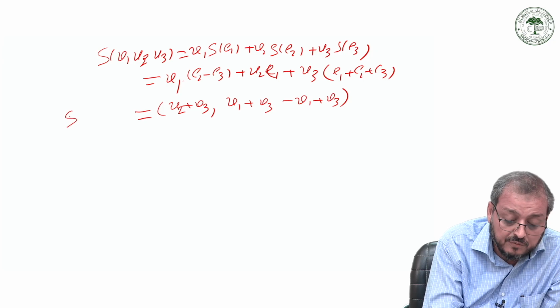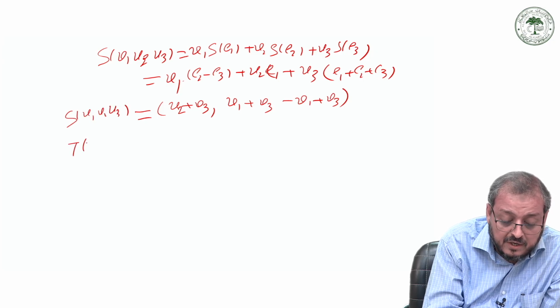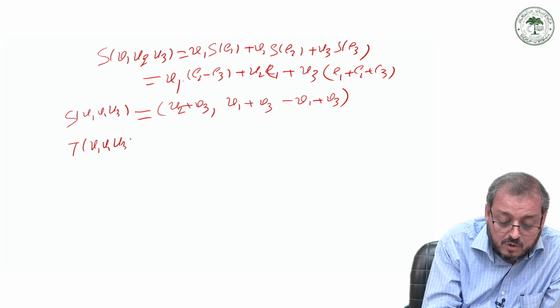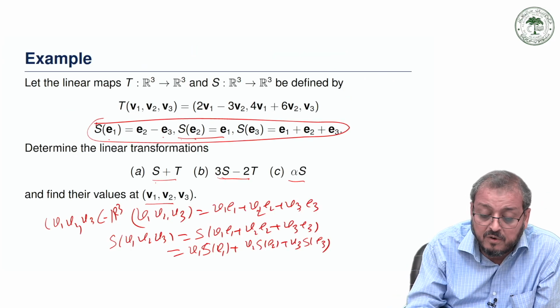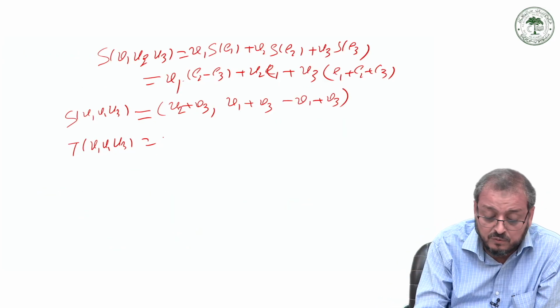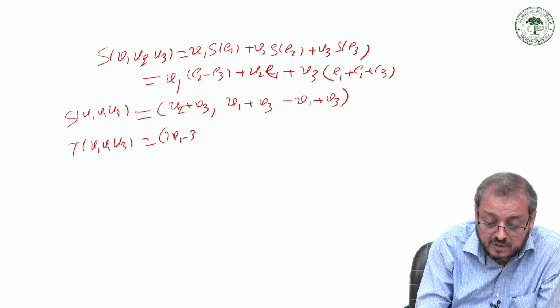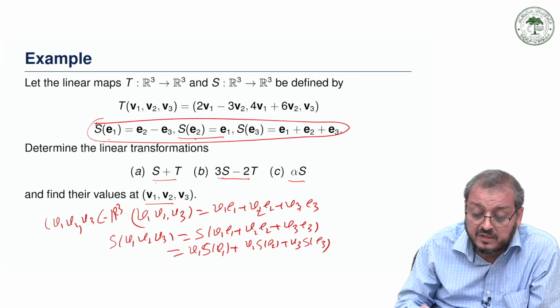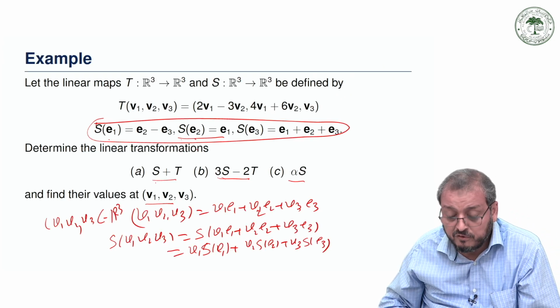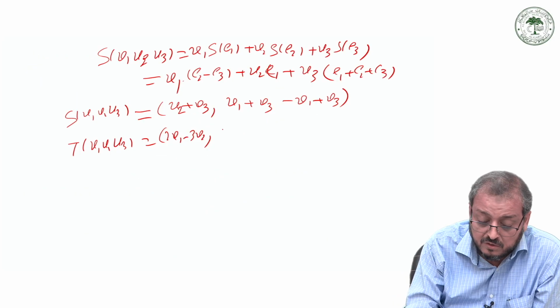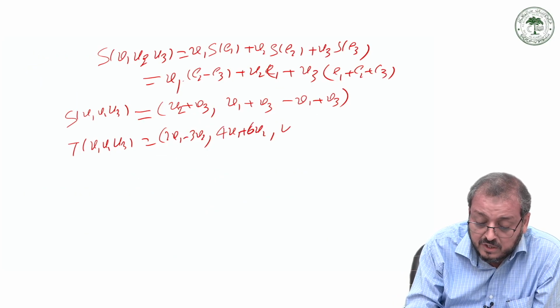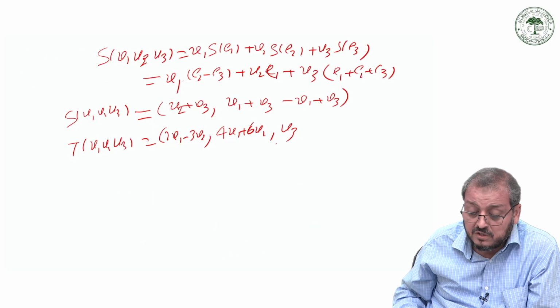So S of (v1, v2, v3) is in this form, and T of (v1, v2, v3) is in this form: 2v1 minus 3v2, 4v1 plus 6v2, and then v3.